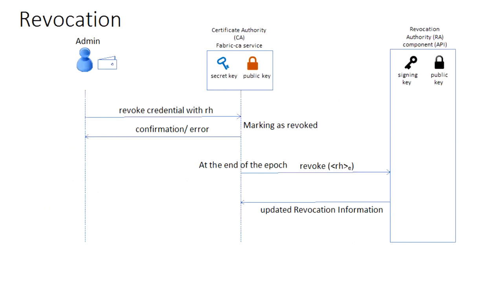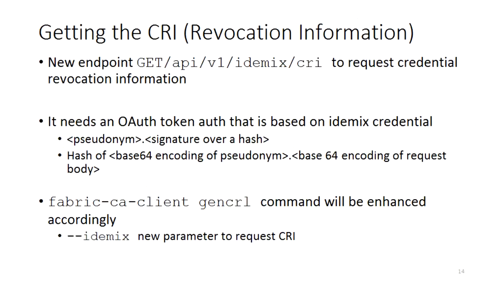Today, with X509 certificates, when a user revokes a certificate, we also send the CRL information back to the user. We would do the same thing for Idemix credentials as well. Any questions on that one?